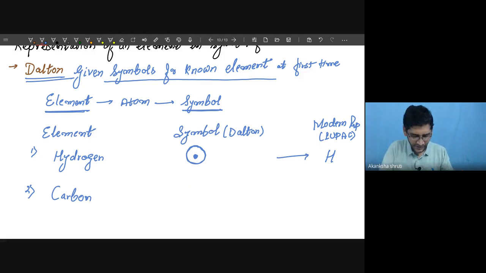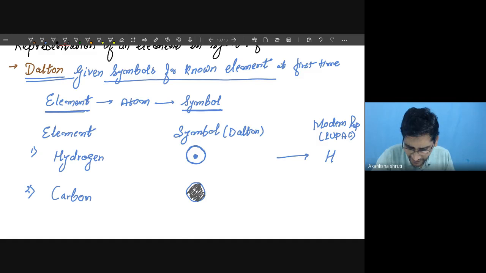As per Dalton, the symbol for carbon was a circle, and that circle was colored, completely filled or shaded.